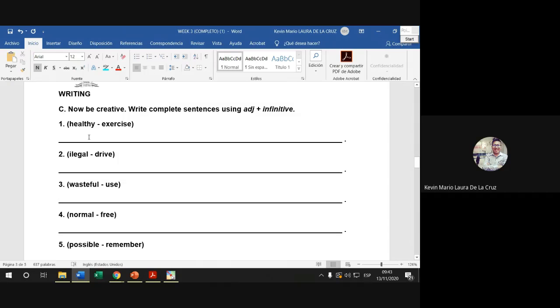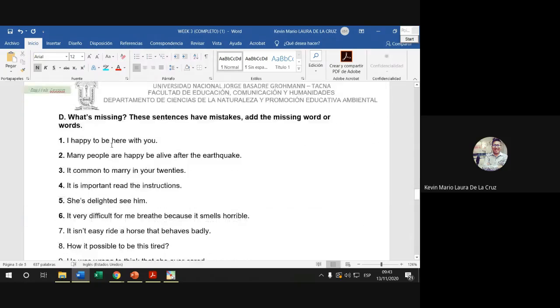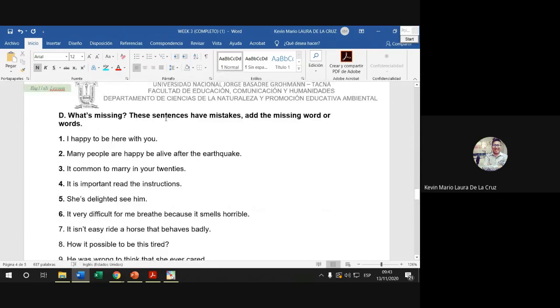Here, write sentences, write any kind of sentence. So you have the adjective and the verb to make this sentence. Free. Got it? Here says, what's missing? These sentences have mistakes, missing the word or words.